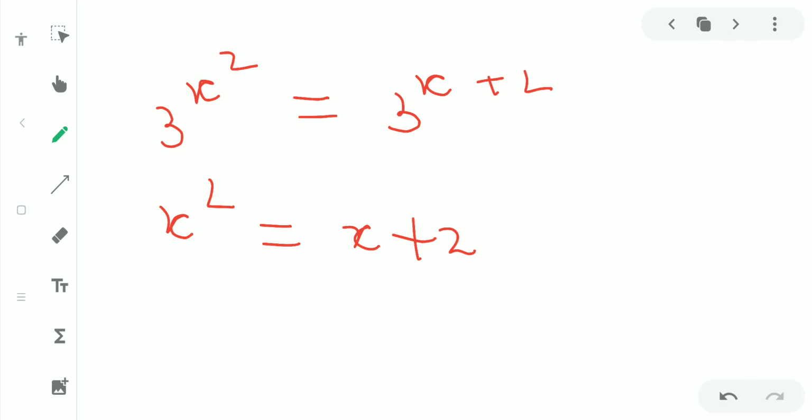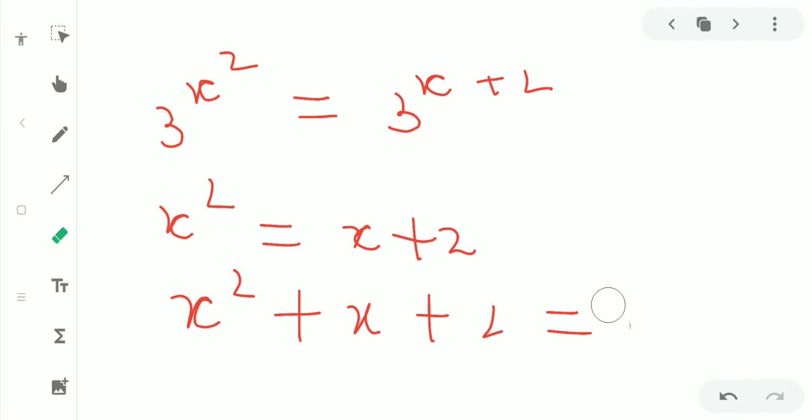We can transpose x square onto the RHS, and we will get 0 is equal to x plus 2 minus x square. So x square minus x minus 2 is equal to 0.